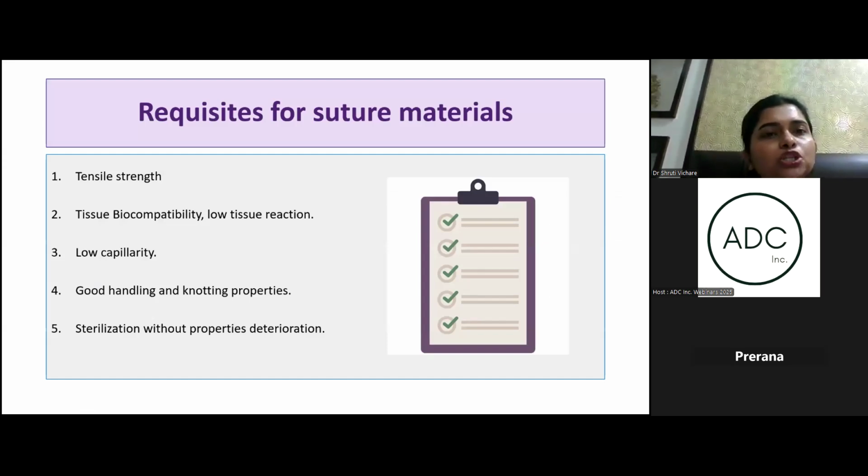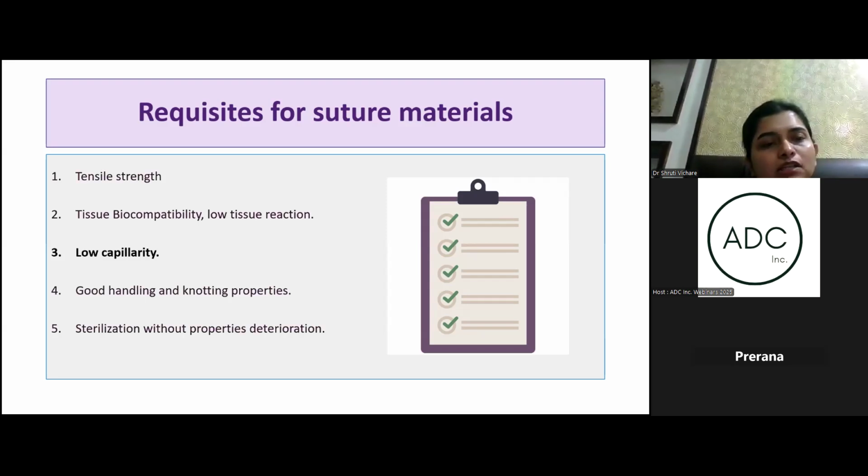Correct. Now coming to requisites of suture materials. So if I have to describe an ideal suture material, I would say that suture material has a very good tensile strength. It is tissue biocompatible, very low tissue reaction. Correct. It has low capillarity. This point I'll be explaining in the next slide. The handling property of the suture should be good.